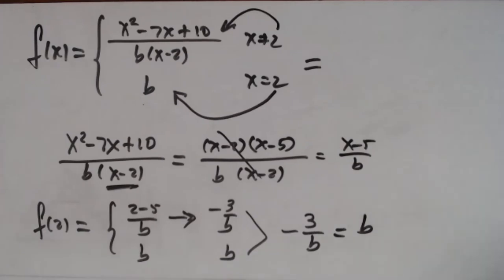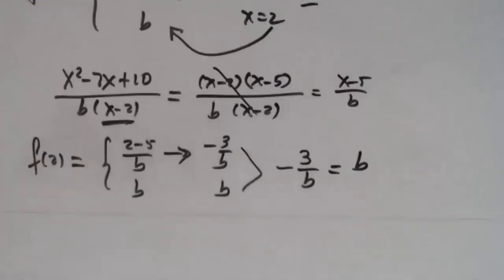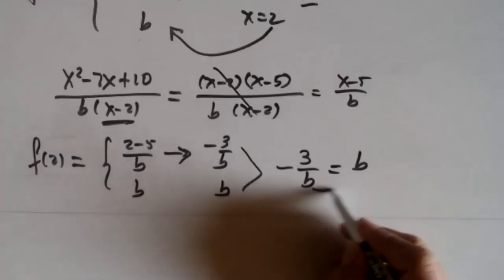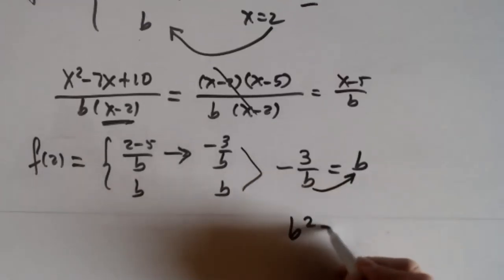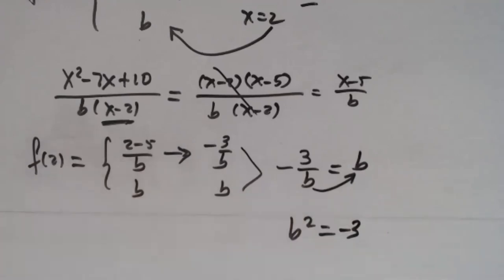Now, do you have a solution for that problem? No. Why? Negative 3 equals b squared. If you multiply times b, you can take the square root, and then you don't have a square root, that's correct.